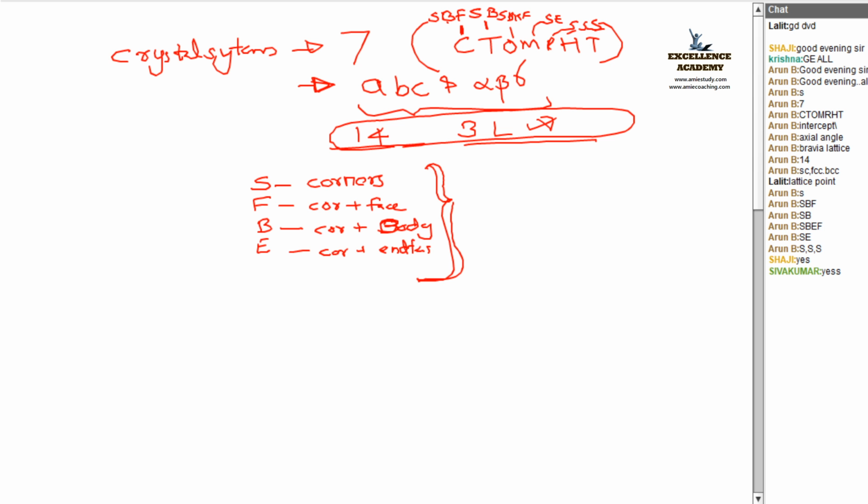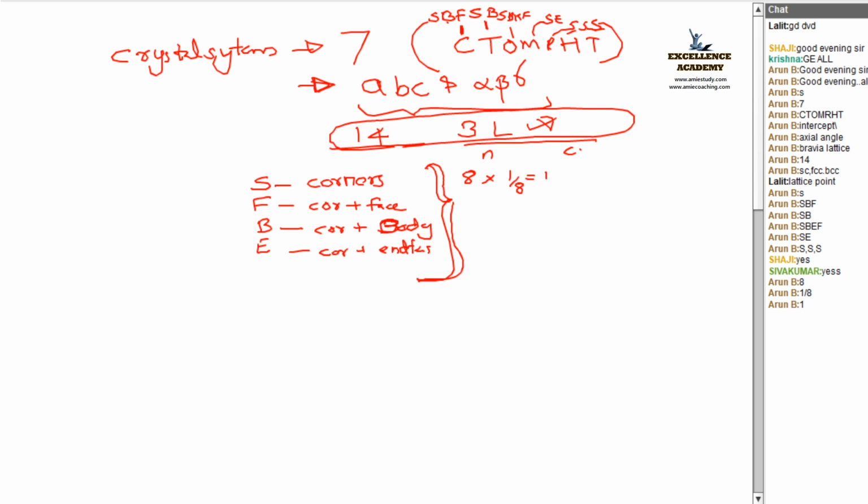Next we discussed the simple cubic. In the case of simple cubic, what is the effective number of atoms? Eight corner atoms are there, and each is shared by how many unit cells? Eight unit cells, right? Effective number is equal to 1.